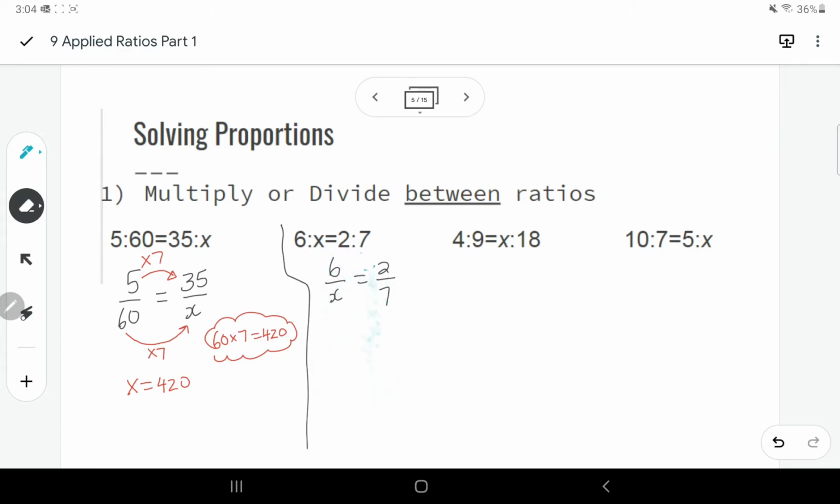Actually, I'm pointing my arrow in the wrong way because now I have an x on the other side. I want to figure out what I'm doing to get to the x. So I'm going to point my arrows the opposite way. What did I do to the 2 to get to 6? Not dividing now, actually times 3. So I have to do the same thing to the 7 to get to the x. If I do 7 times 3, I get x equals 21.